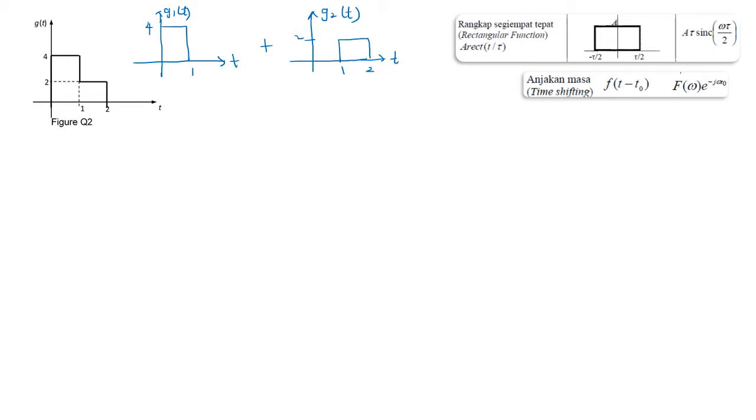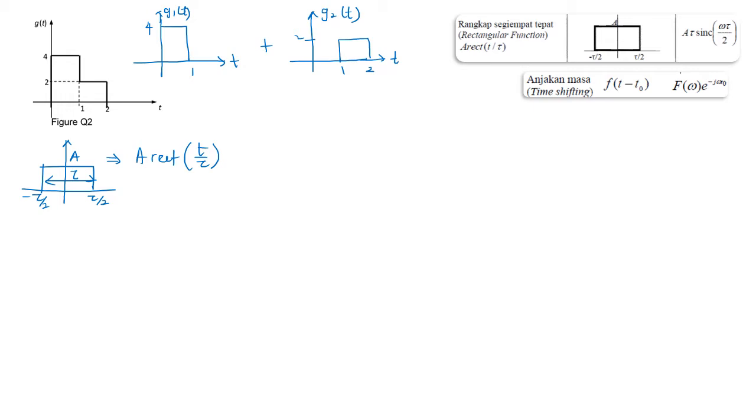To write a rectangular equation, don't forget to refer to the reference of the rectangular function. The amplitude is A, from tau over 2 to negative tau over 2, so the width is basically tau. This represents A rect(t over tau).